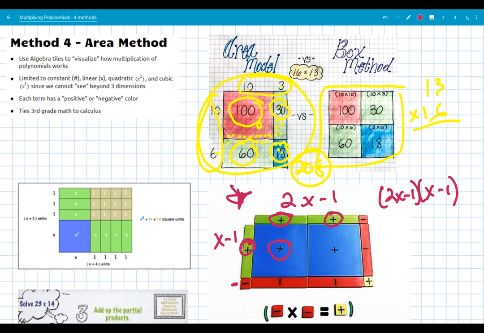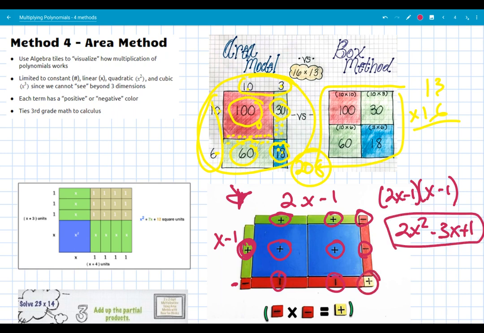This positive x times that x again will give you another positive x squared. I now have 2x squared. This negative 1 times my x is negative 1x. And down here I have a negative 1x and another negative 1. So I have negative 3x. And I've got a positive 1. You get the same answer as if you did distributive method or the box method or the vertical method.